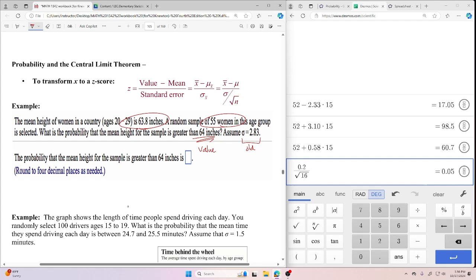But let's talk about it for a second. The mean is at 63.8. It says, what's the probability of 64 or more? If I'm looking at a standard deviation of about 2.8, that would be this way, and I'm going to add 2.8.